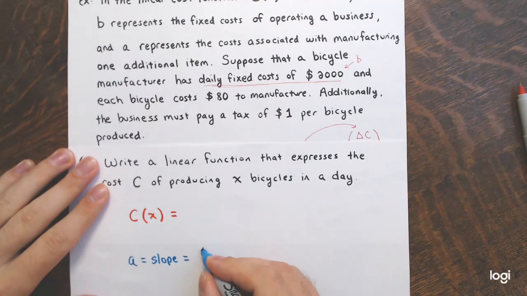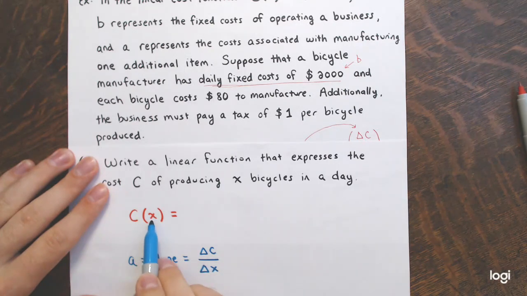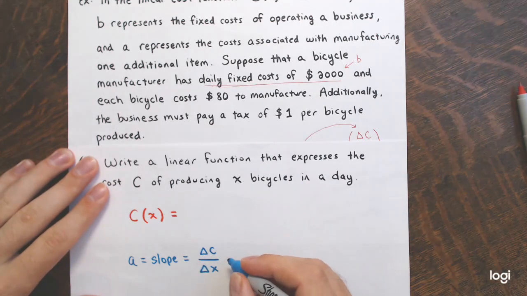And it's the change in the cost per change in bicycle. Again, the independent variable, the input, is x. The change in that is in the denominator of the slope. The dependent variable is the cost, the c, and the change in the cost is in the numerator. And as I mentioned, this is in dollars per bicycle.